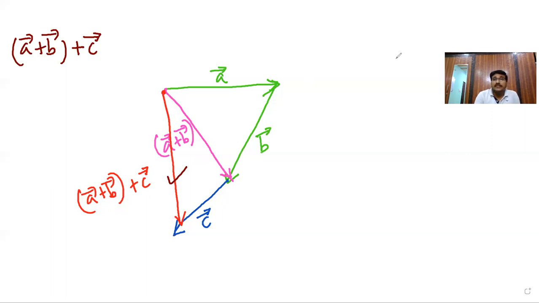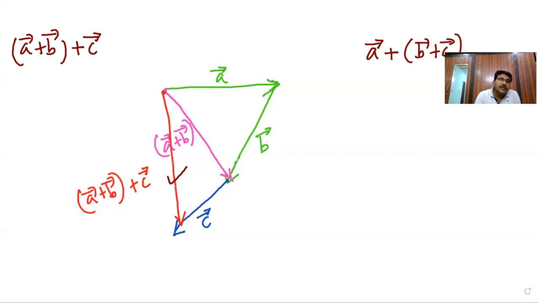Now, what is the right-hand side? Right-hand side is what? To the A bar, the summation of B bar plus C bar should be added. What is B bar? B bar is here. What is C bar? C bar is here. Observe. Tail to head and tail to head. Observe.